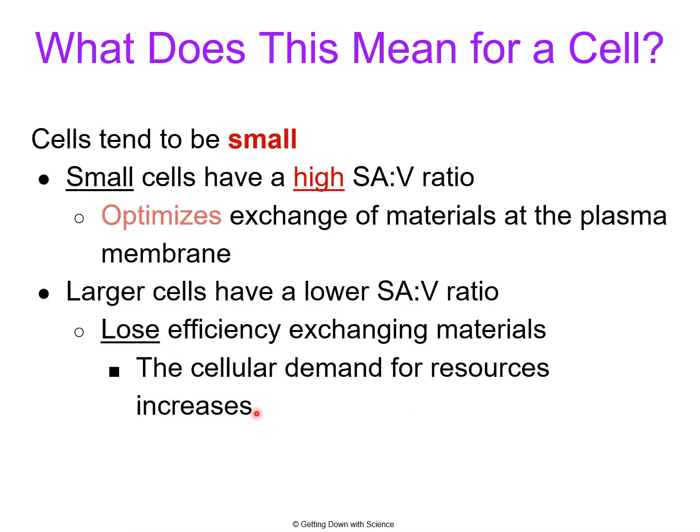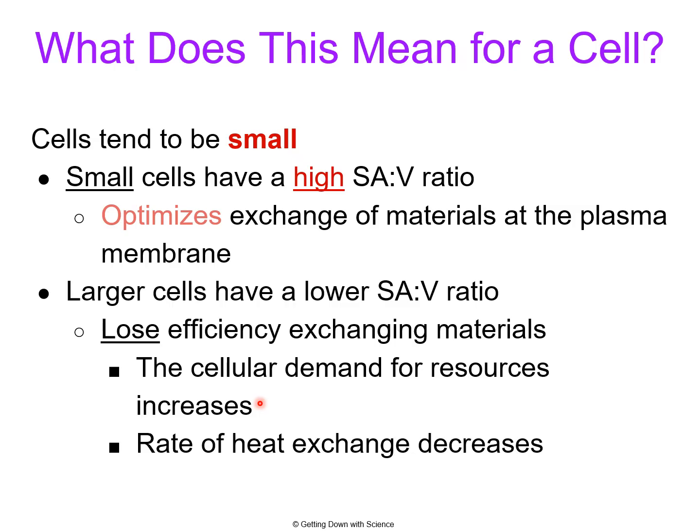and the cellular demand for resources will increase. Think of it like if you were to run across a football field. If you are a cell particle trying to run across a large stadium size football field, it's going to take you a longer time to get across because the football field is large.